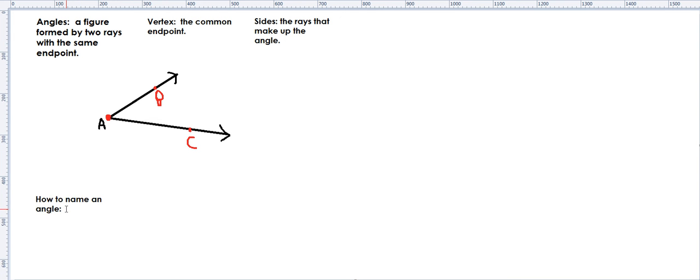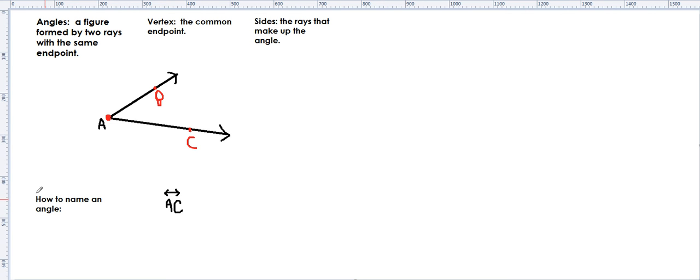Now I do want to show you how to name an angle, just like we had to learn how to name a line, if you guys remember. In order to name a line, we had to have two letters, and then we had to have the double arrow on top of it. So very similarly, we're going to have to name an angle, and there's going to be a couple different ways we can do that.